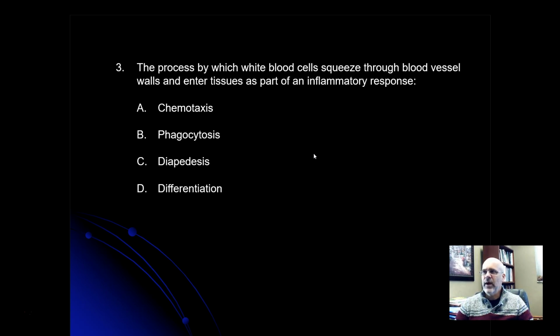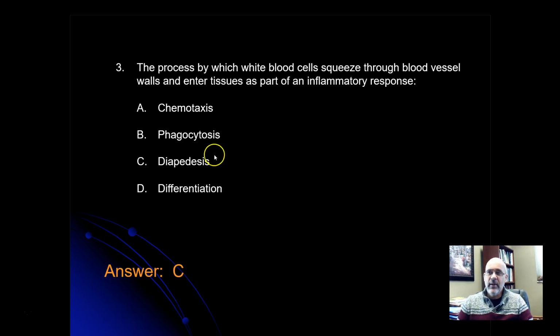"The process by which white blood cells squeeze through blood vessel walls and enter tissues is part of an inflammatory response." Ordinarily your white blood cells stay in the blood. That's how they travel around. If you have inflammation getting triggered, you have an infection, an injury, then remember your local capillaries, microscopic blood vessels, dilate, white blood cells can squeeze through, and that process has a name.